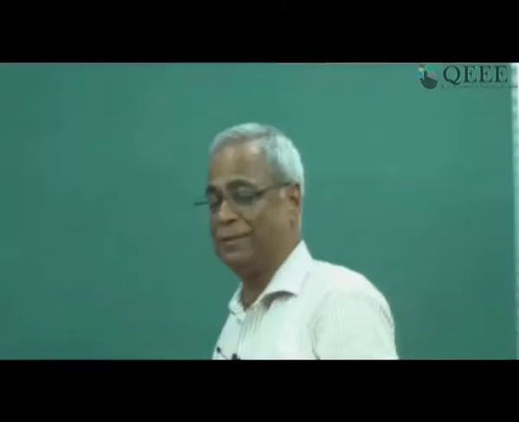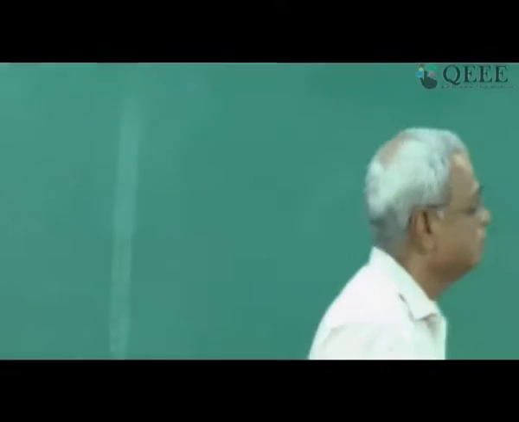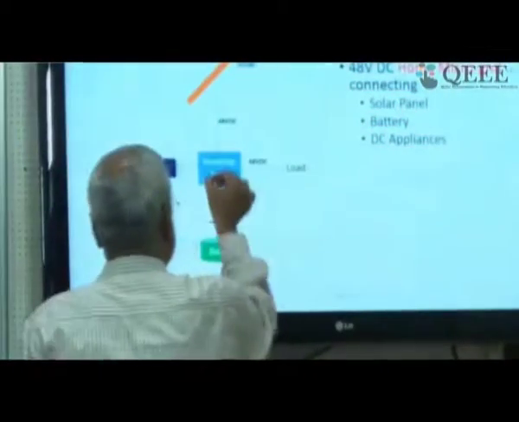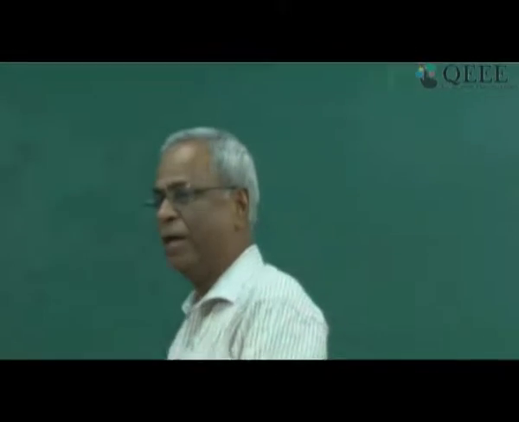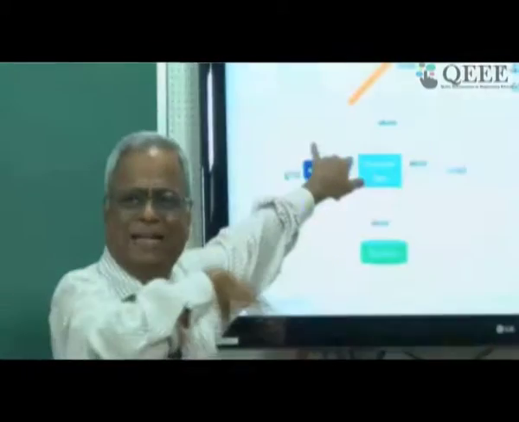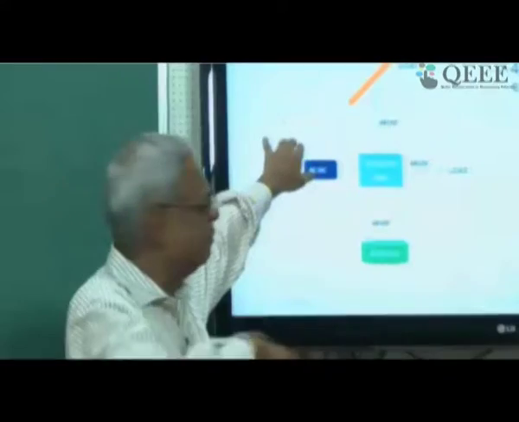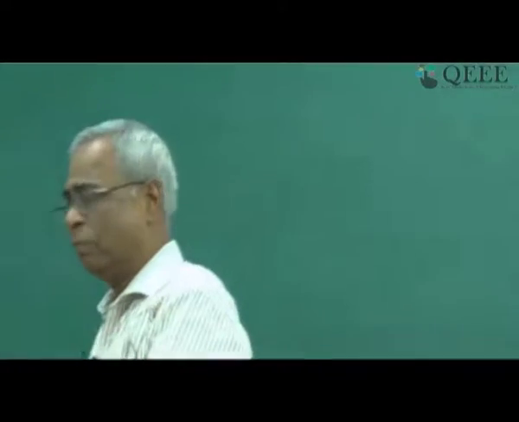Just assume for a minute that 48 volt is coming in, 48 volt is going out, and only the grid is converted to 48 volt. Where are the losses? There is a loss when the grid is converted, but that's grid power. When the grid is available, there is a loss. There is no loss here. Actually, there will be losses, but small.